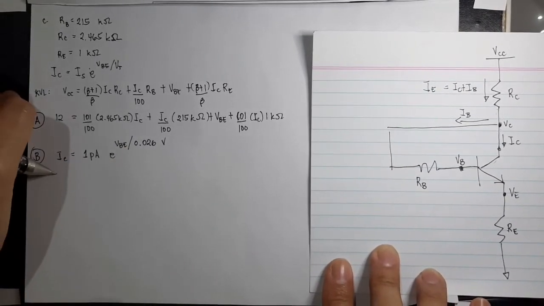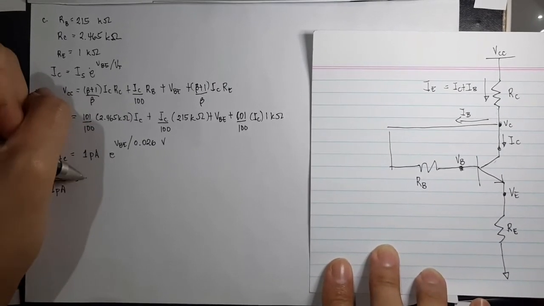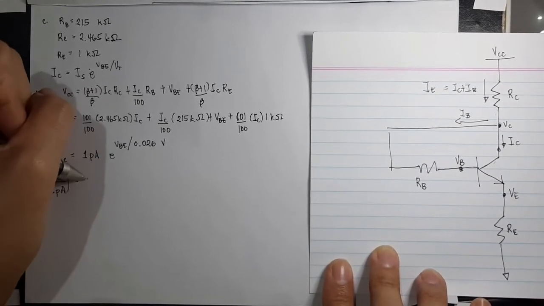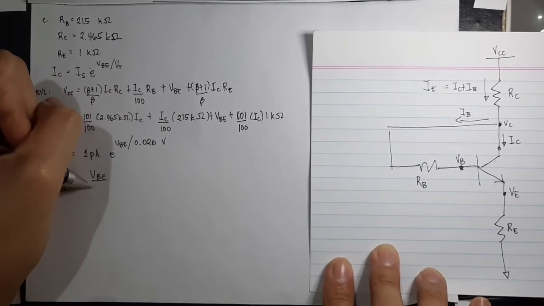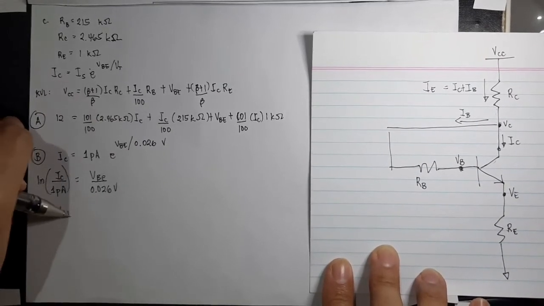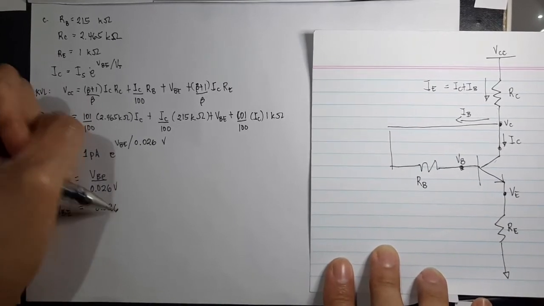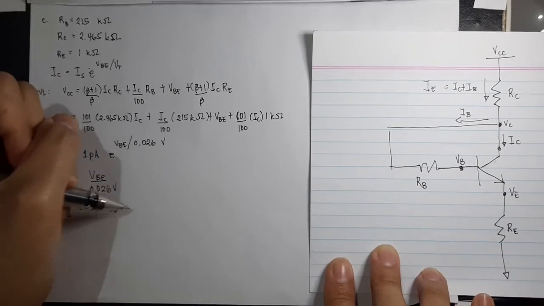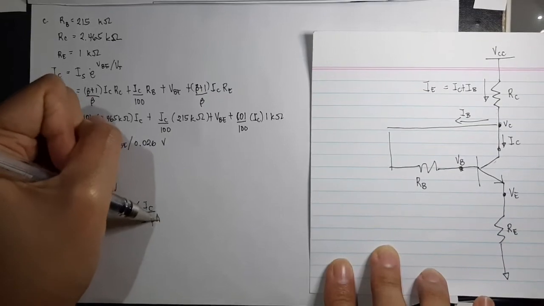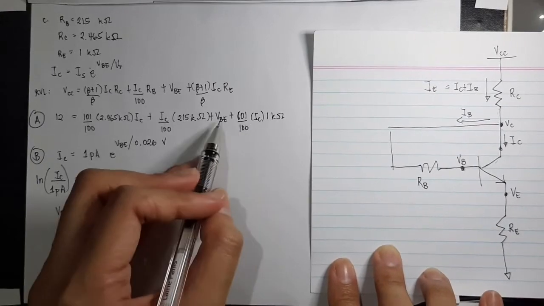So that's IC over 1 picoamp equals ln of this whole part is equal to VBE over 0.026 volts. So VBE equals 0.026 volts ln IC over 1 picoamp. And then itong buong expression, substitute dito.